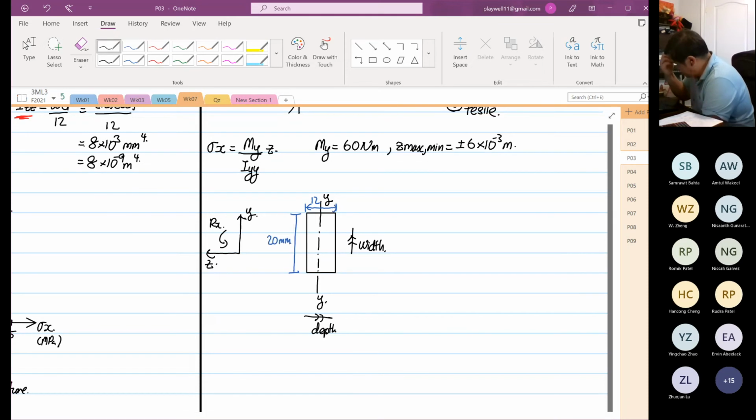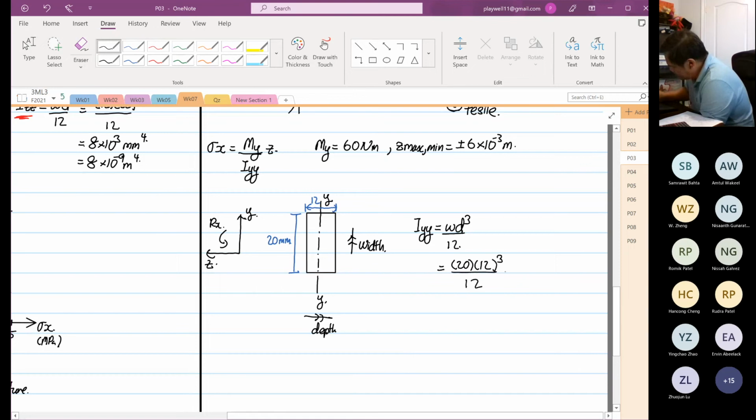So IYY is equal to width times depth cubed over 12. Your width is 20, your depth is 12, cubed over 12.